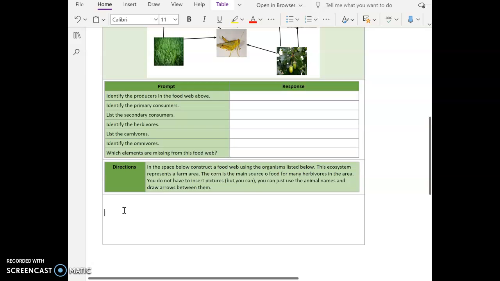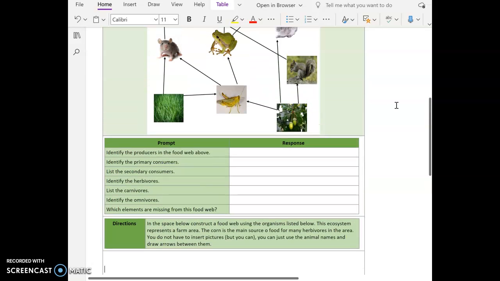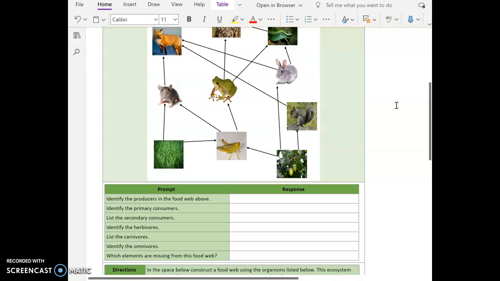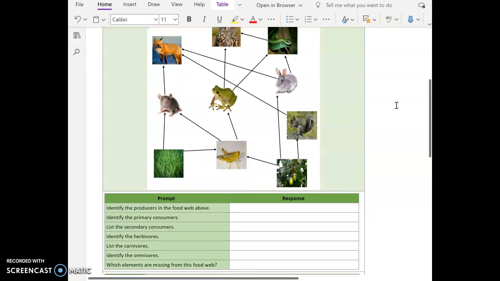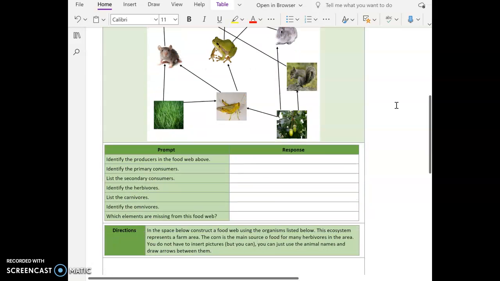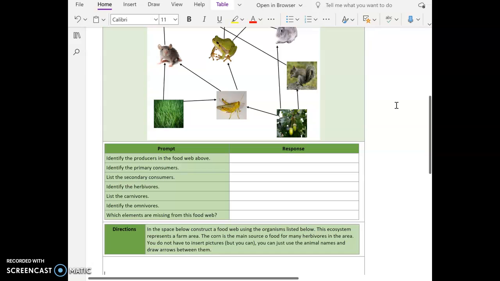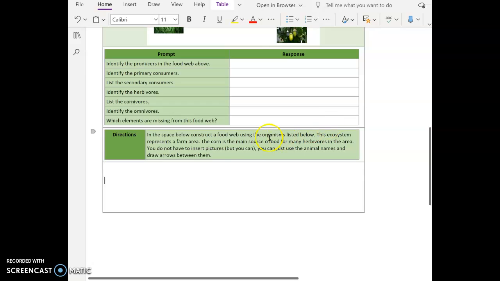Sorry, you're making this food web of a farm ecosystem, and you can choose to use pictures like I did in the picture that you were answering the first 7 questions about, or you can just insert text boxes and use the names of organisms, and that list will be showing up here.